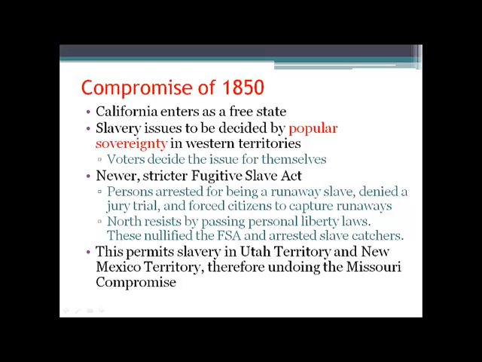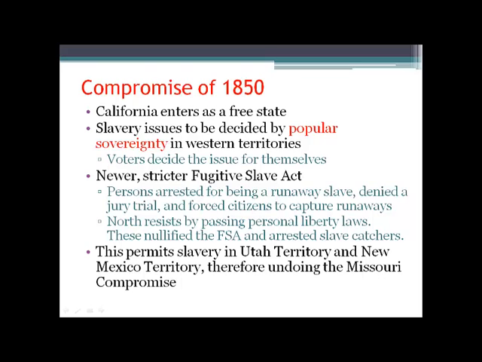But to concede something to the southern states, because they don't have a southern state ready to come into the Union yet as a slave state, slavery will now be decided by popular sovereignty in the Western territories, which means that the voters are going to decide. They're going to put it to a vote: should we have slaves in this territory, yes or no? That's all popular sovereignty means. It's power of the people.